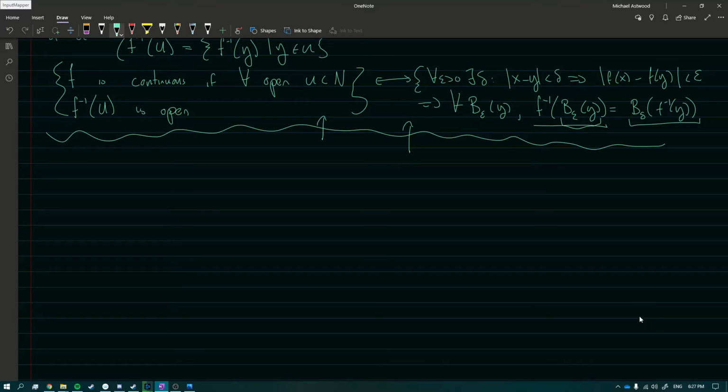So another thing that continuity has that's a nice property is that it preserves Hausdorff spaces.